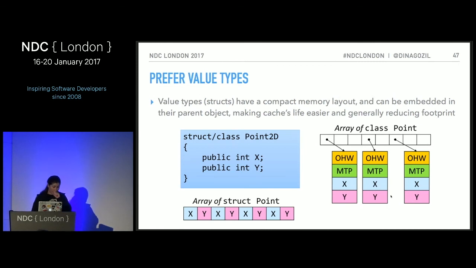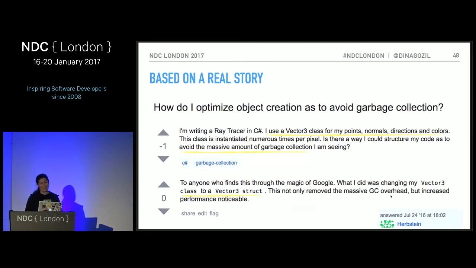Now, I'm not saying you should always use structs, because they do have extra overhead in passing them as function parameters or returning them from functions. But if you have a scenario where you do lots of calculations on arrays of such objects, it's definitely worth considering using a struct. For example, if you do image processing, that's why we have the point example here. And this is exactly what happened in this question.